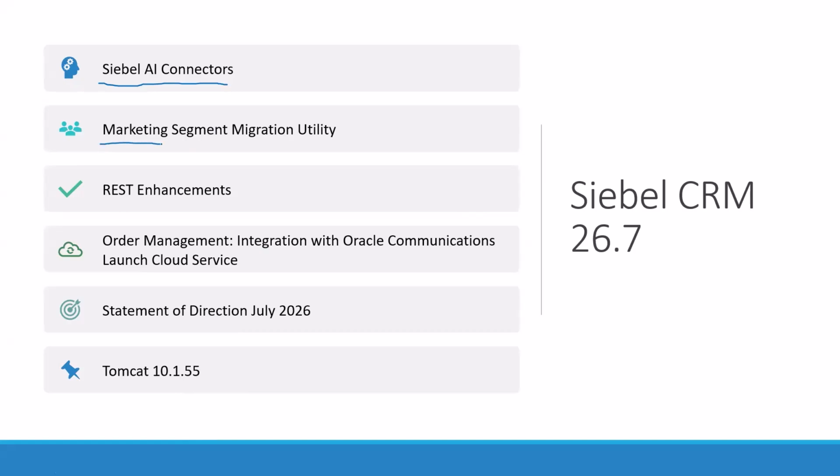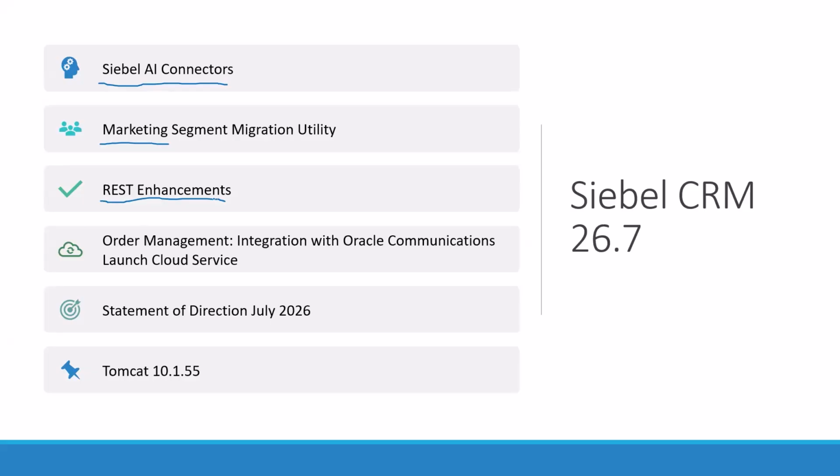And marketing, for those of you who use Siebel marketing in the old way, that is with integration with OBIE or Oracle Analytics, there has been some movement around us migrating from segments away from Segment Designer. So there's a utility here.